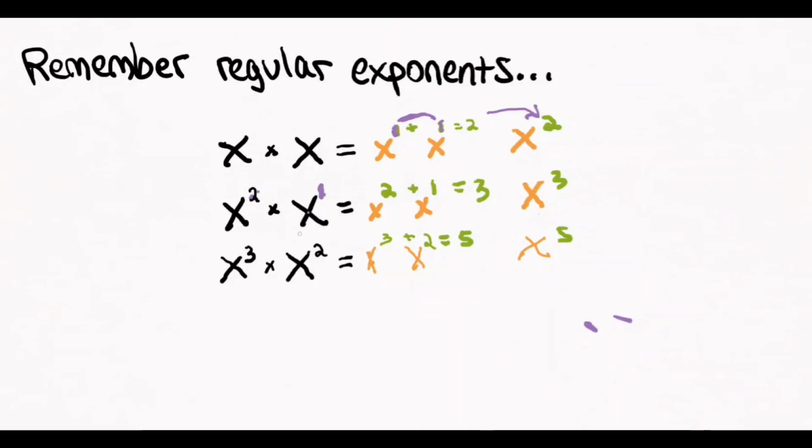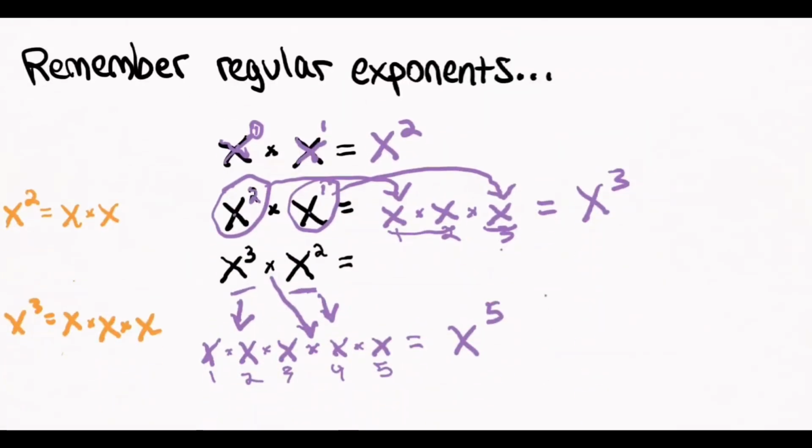Remember, this is an invisible 1. 2 plus 1 is 3, so you get x to the power of 3. If you have x to the power of 3 times x to the power of 2, you just add these 3 plus 2 up, it's 5, so x to the power of 5. Which, if we go back and look at what we just did, that's the exact same thing that we got when we drew it all out.